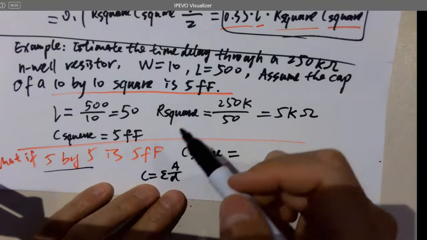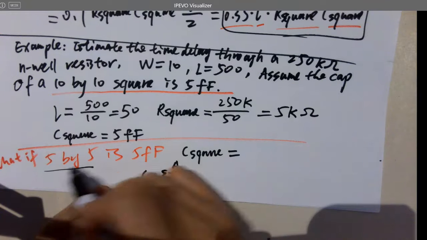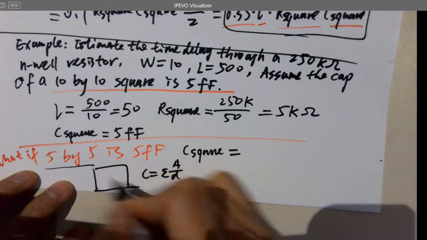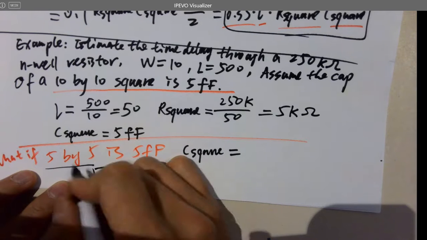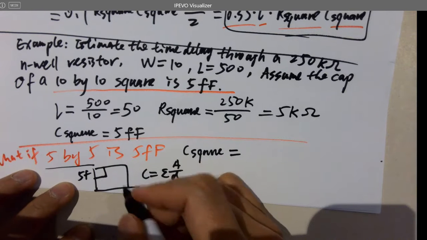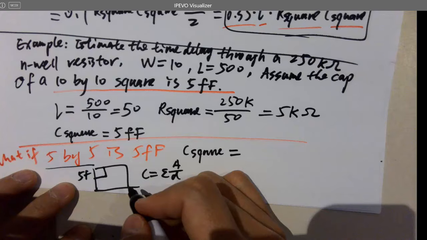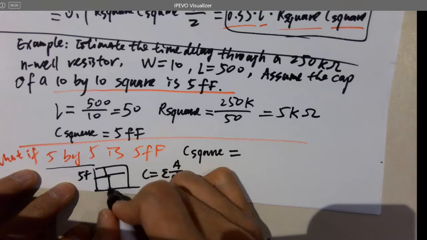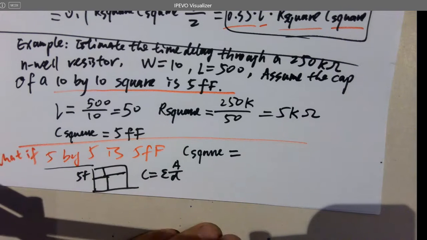So we know 5 by 5 is, so for example, here's a square, okay? So that's 5 by 5 is 5 femto. So 10 by 10 will be, you got 4 5s, 20 femto.